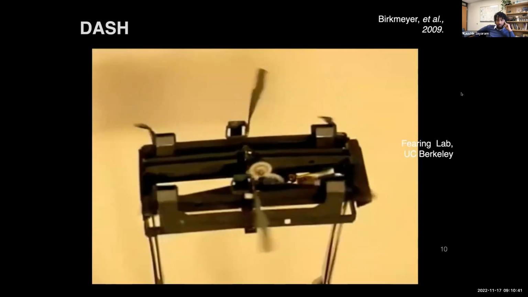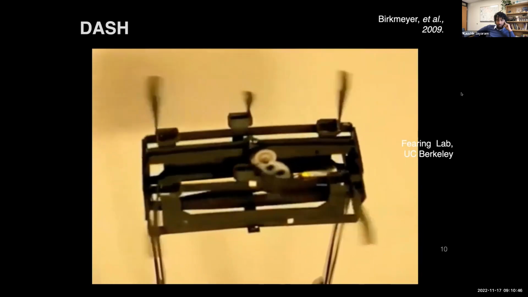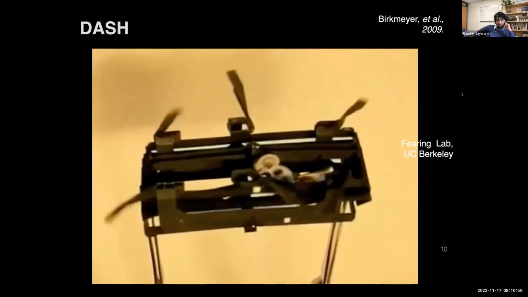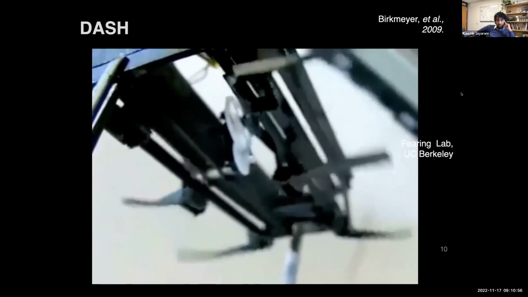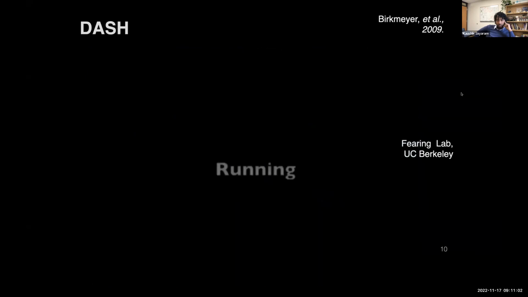Dash employs a single DC motor to create a sprawled alternating tripod gait, which is beneficial to dynamic stability during running. The design translates the circular output of the motor to roughly circular trajectories of the feet, much like the oar of a boat. Dash is able to run straight at speeds of 1.5 meters per second, or 15 body lengths per second.